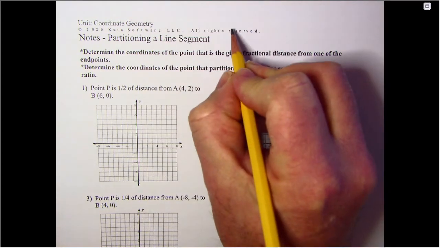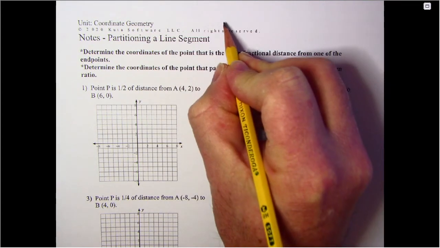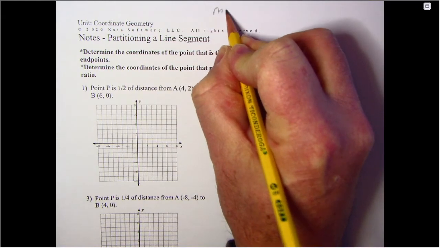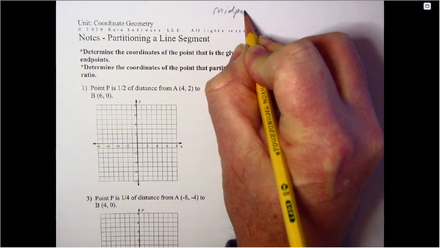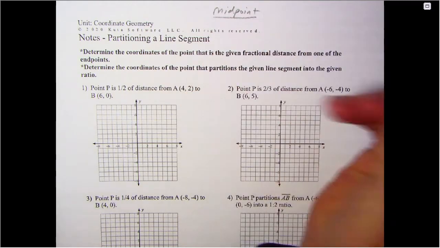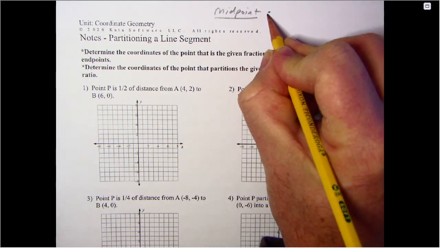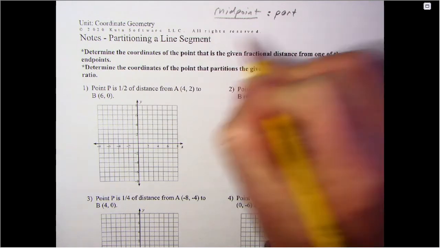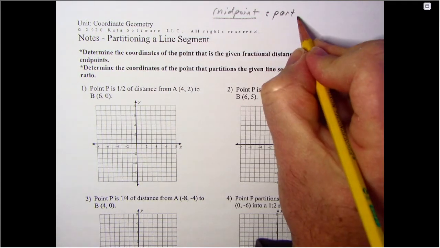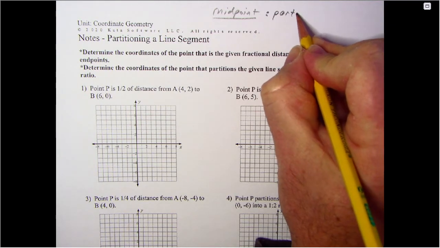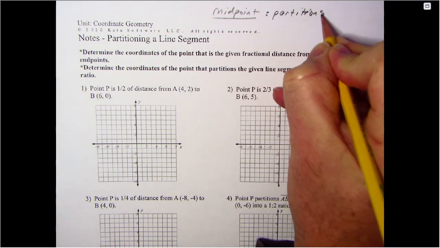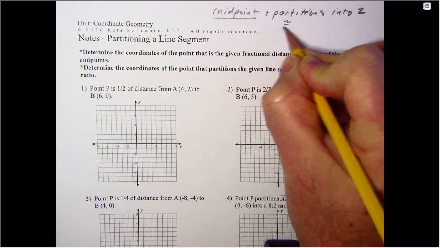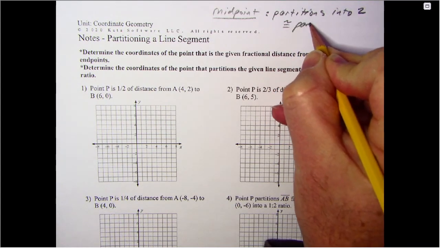Earlier in this lesson, we looked at the midpoint and what a midpoint does. Well, a midpoint does partition a line, but a midpoint is kind of separate from this. A midpoint, what you've had a quiz on, partitions, which is a fancy word for splitting into parts, into two congruent parts.